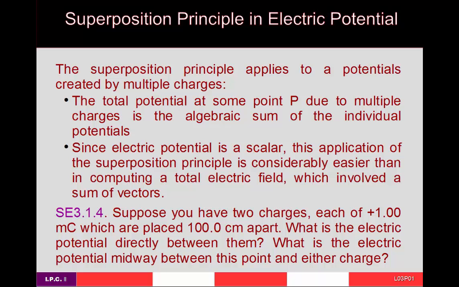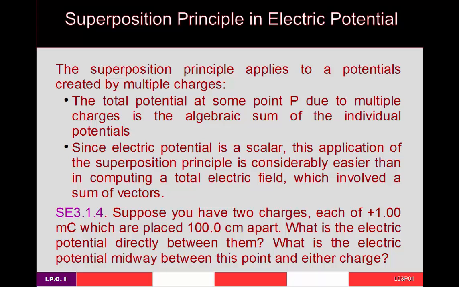Alright, so we can apply the superposition principle to electric potential just as we were able to apply it to electric fields. And it's actually easier to apply with electric potential than with electric fields, because with electric fields, superposition requires a vector sum, but with potential, you only have to do a scalar sum.